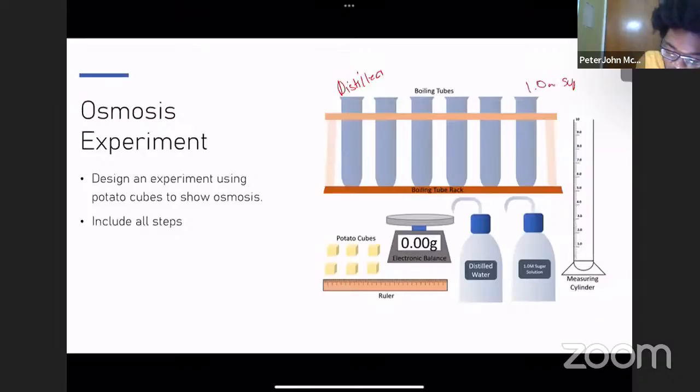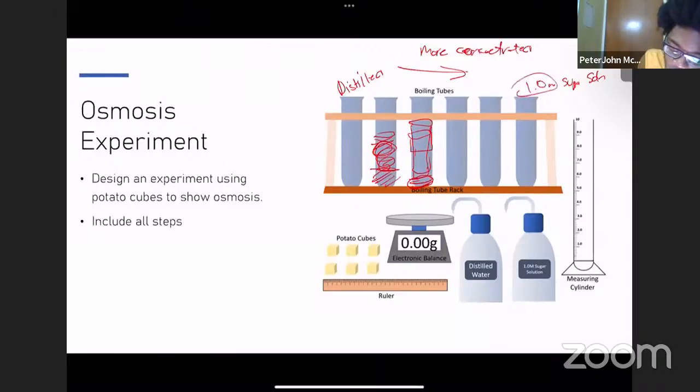And then going through, I'd add maybe this amount of distilled water, and then this amount of sugar solution, and then I'd add more sugar going along. All of them would of course have the same height, but you understand what I'm saying? I'll add considerably less and less water. So as we go along, I'm getting more concentrated.